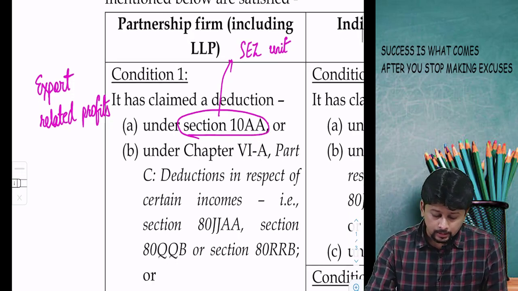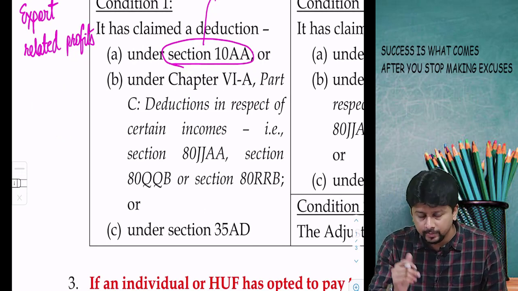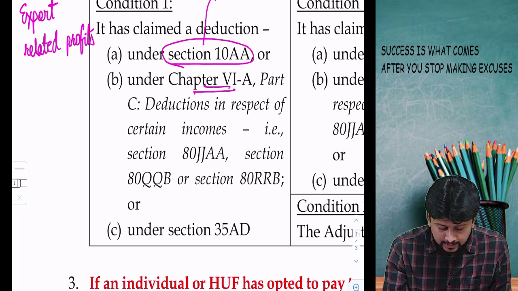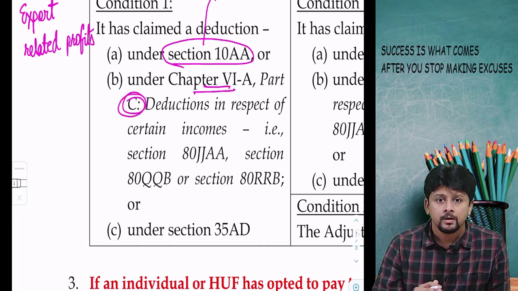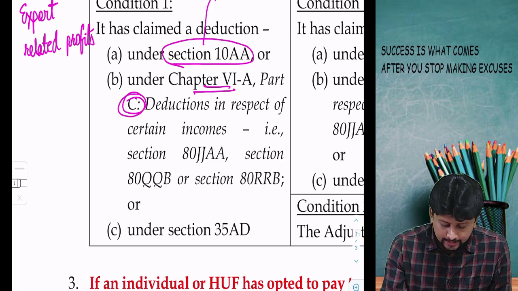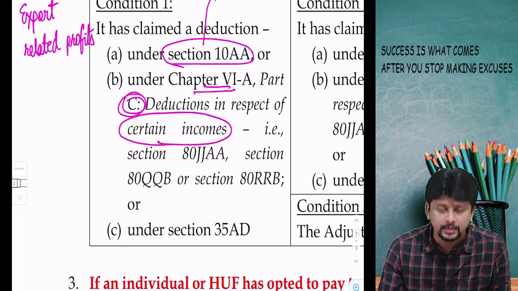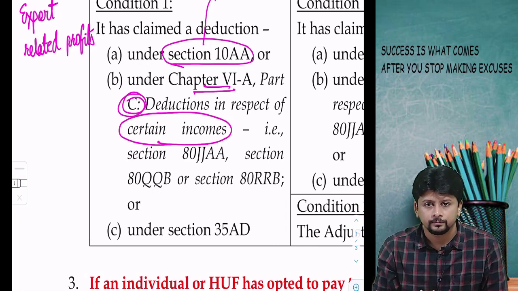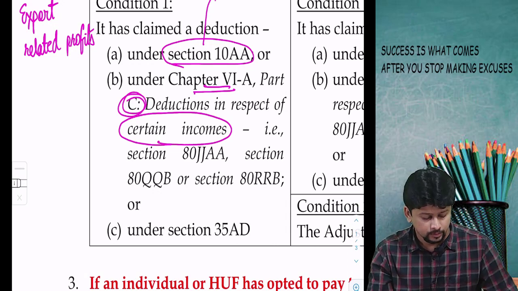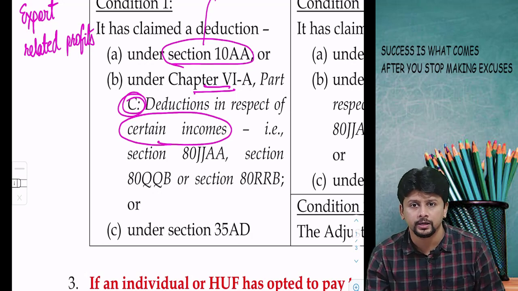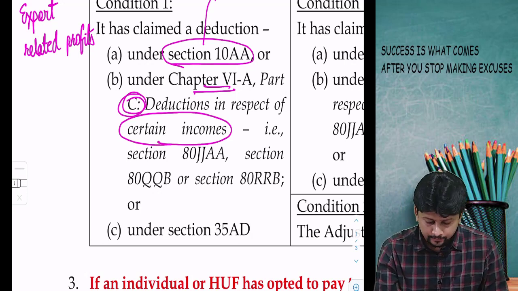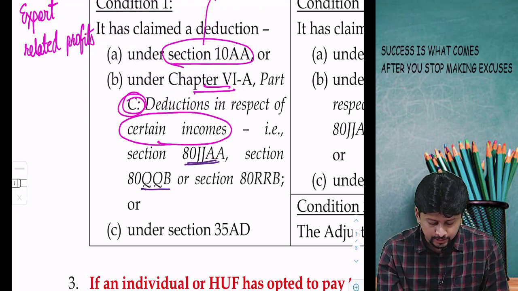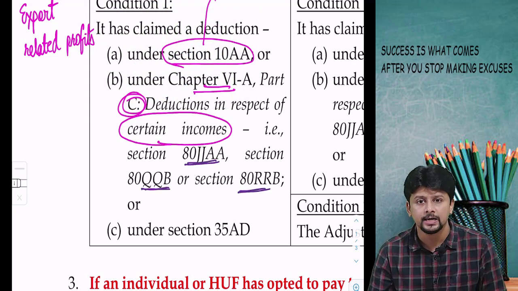Second, either it has claimed 10AA or it has claimed a deduction under chapter 6A part C. Part C means you are getting deduction in respect of certain incomes, not in respect of expenses but in respect of certain incomes. So what are those deductions that we are talking about? Those deductions are section 80JJAA, section 80QQB, section 80RRB.